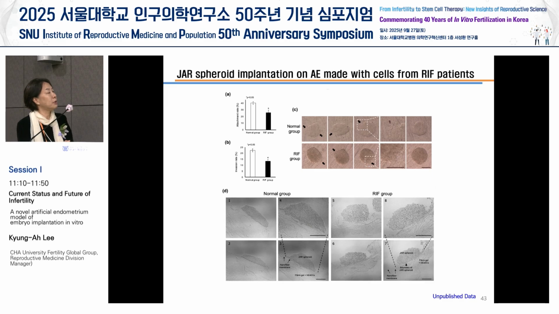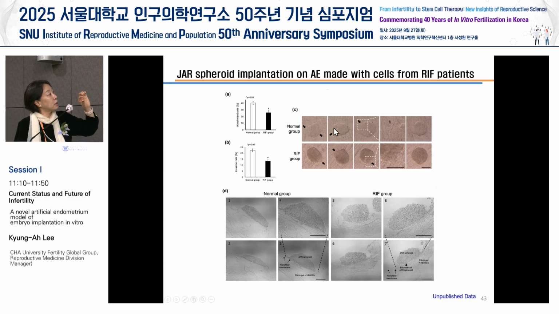It was 7 samples from the patients. This upper layer shows everything is the same: the stromal cells are cell lines, but the epithelial cells are from patients.